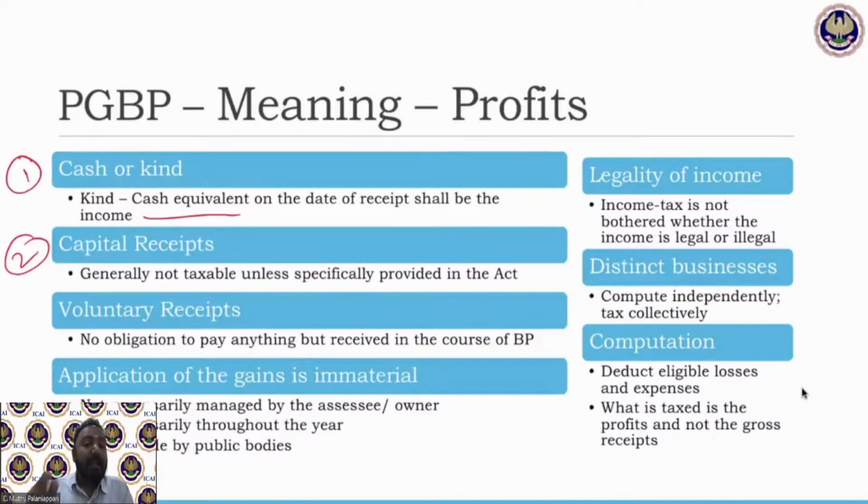Just that for it to be taxed, it must be specifically provided in the act. Only then it is taxable. We'll see some instances in the subsequent slide. So please remember, as of now, capital receipt is generally not taxable unless specifically provided in the act. So that's when you call it capital receipts.